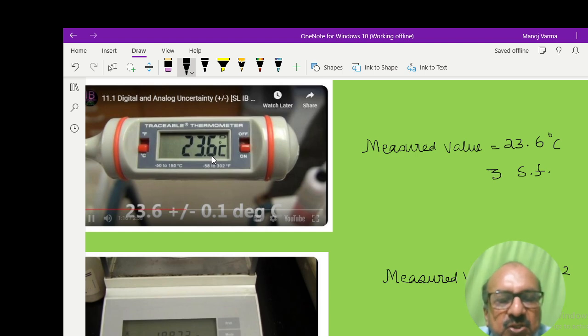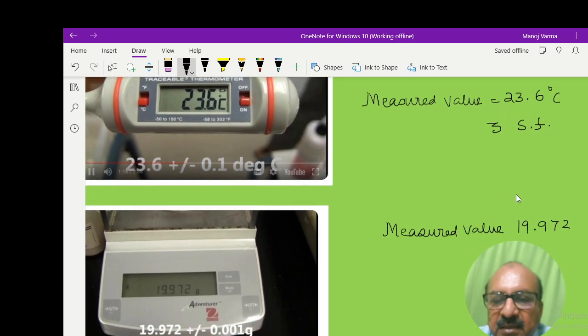So it is not showing us 0.7, it is showing us only 0.6, but it could be a little more than that. That means this last digit is uncertain. So including this last uncertain digit, we will write 23.6, and we cannot write anything after 6 and therefore there are three significant figures in this measurement.